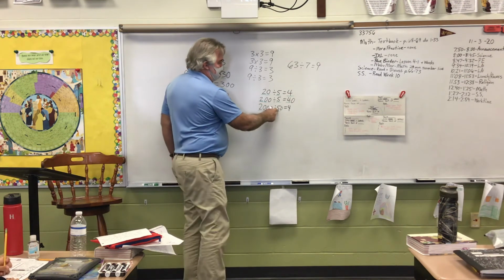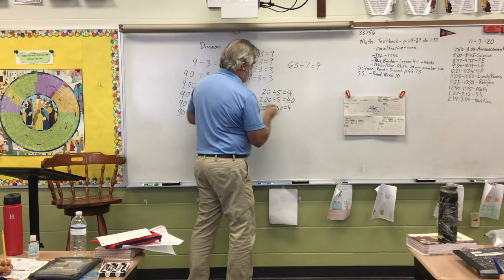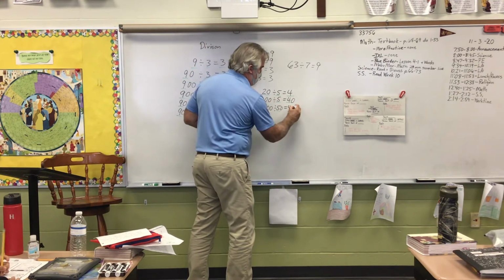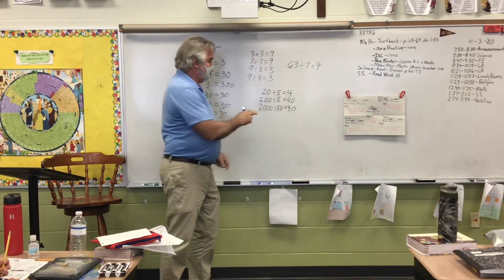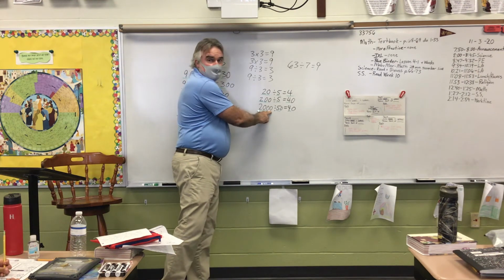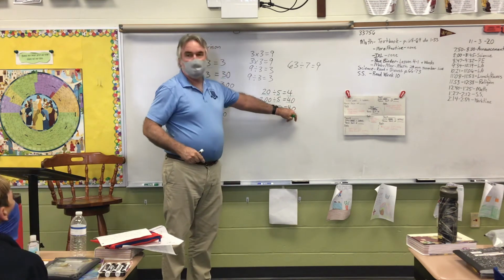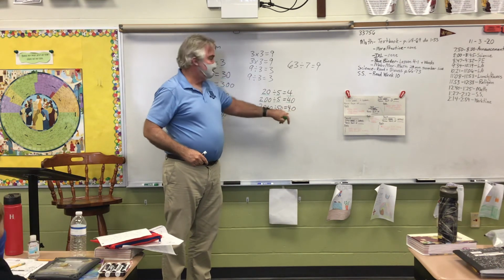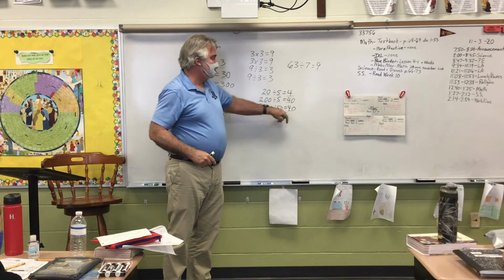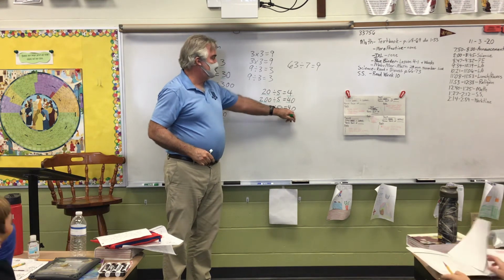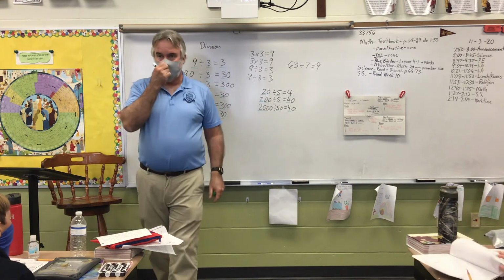Okay? 5, and we put 1 zero because I have 2 that are left, and I'm taking one of them away, and it's going to leave me with this. So then if I were to multiply 5 times 4, I get 20, and I have 1, 2 zeros that I put in.